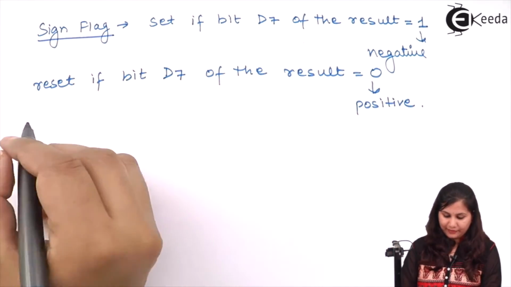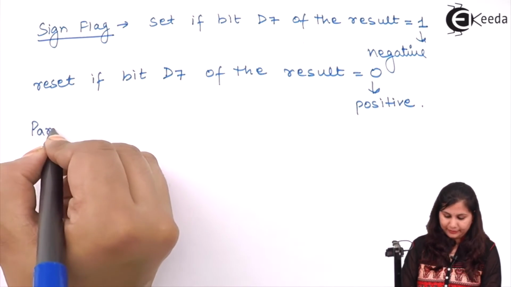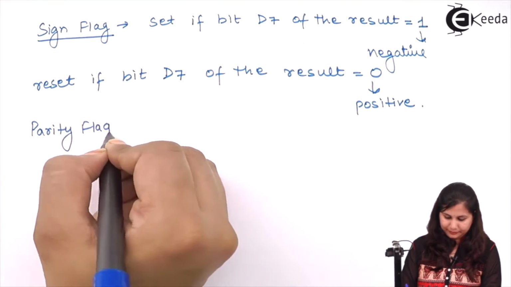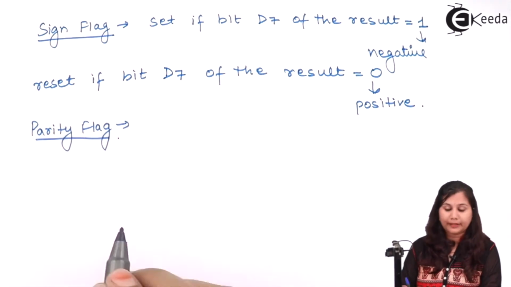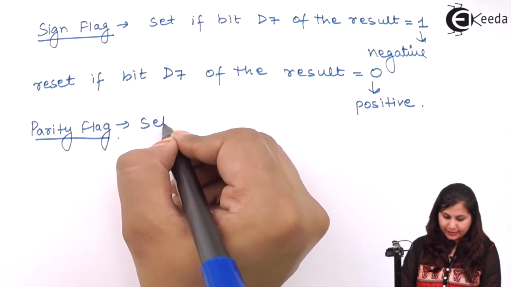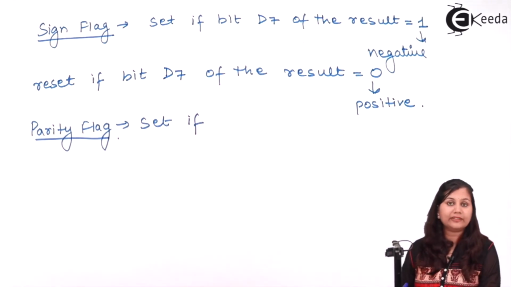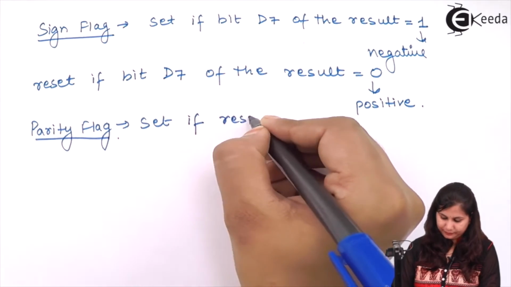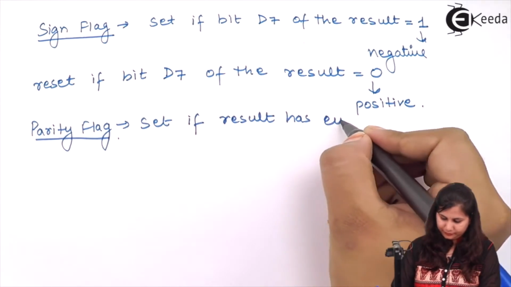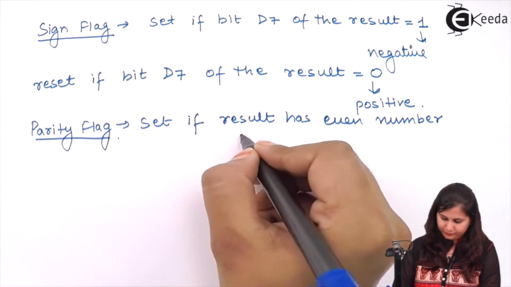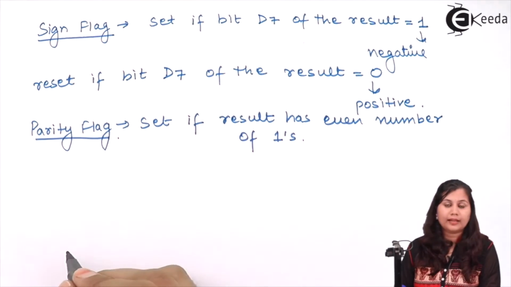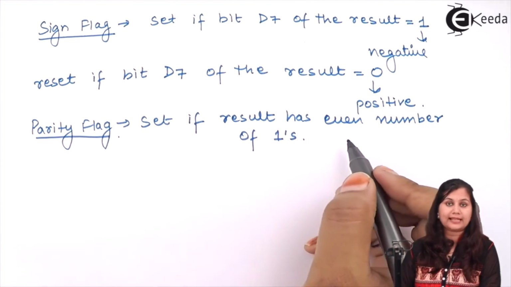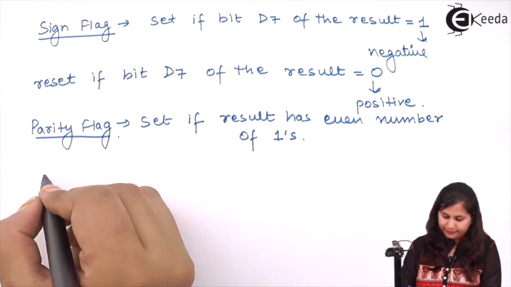Now the next flag we have is the parity flag. The parity flag is set if the result has an even number of ones, and it is reset if the result has an odd number of ones.